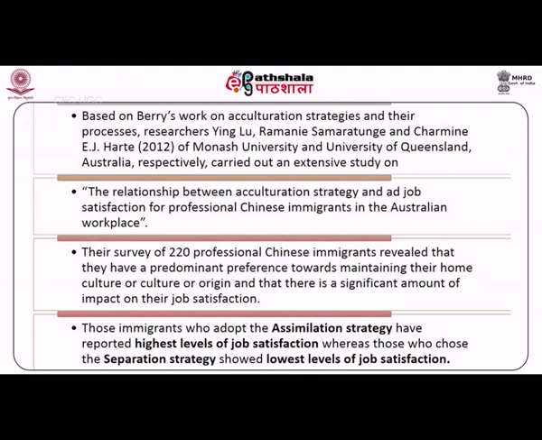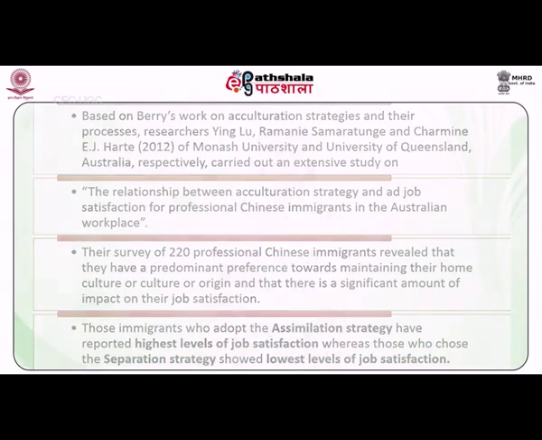Their survey of 220 professional Chinese immigrants revealed a predominant preference towards maintaining their home culture or culture of origin, and a significant impact on their job satisfaction. Those immigrants who adopt the assimilation strategy reported the highest levels of job satisfaction, whereas those who chose the separation strategy showed the lowest levels of job satisfaction.